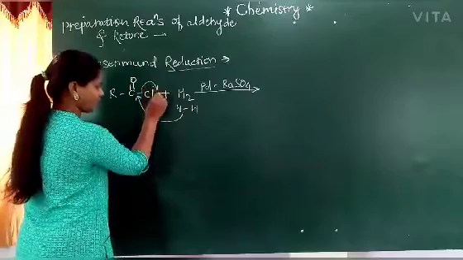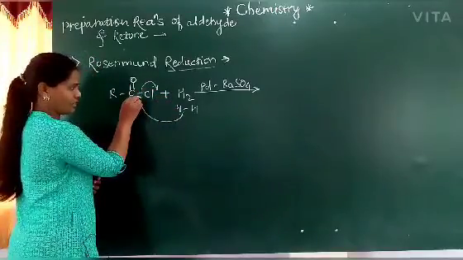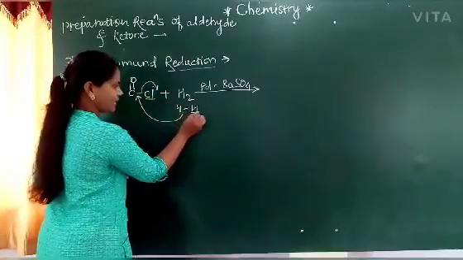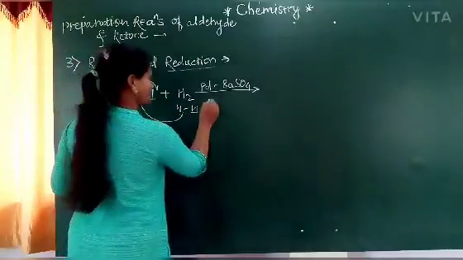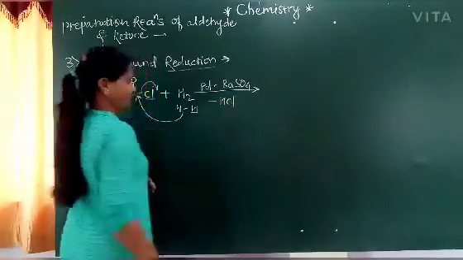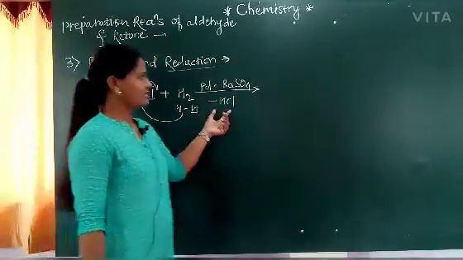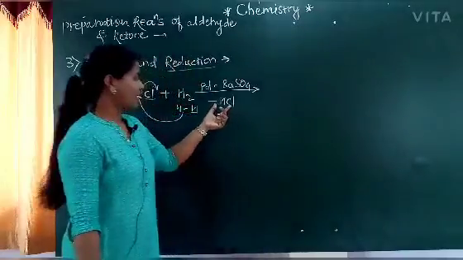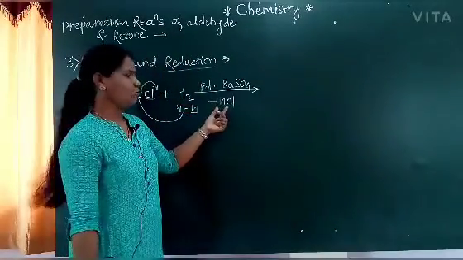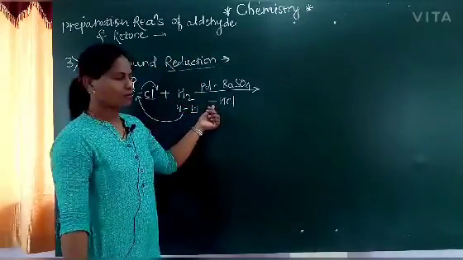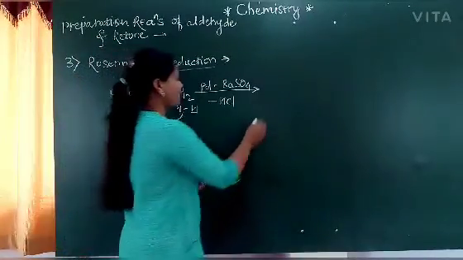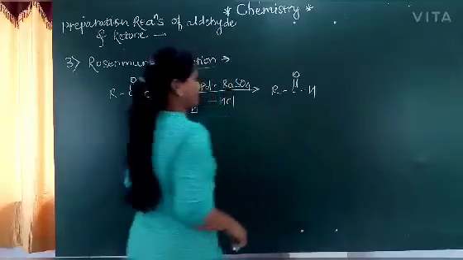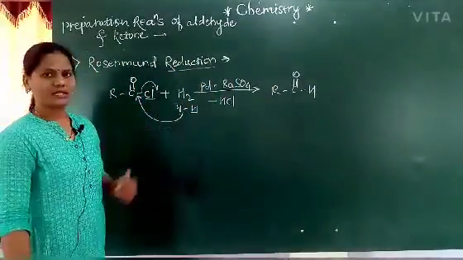When the Cl is removed, the hydrogen atom will be added here on the carbon atom, and this Cl and this H will form the byproduct, that is minus HCl. Okay, you can write this HCl here as a byproduct, and when you are writing it below the arrow, you have to mention the byproduct with the negative sign. Okay, then this will form the H. Okay, this is the general reaction.